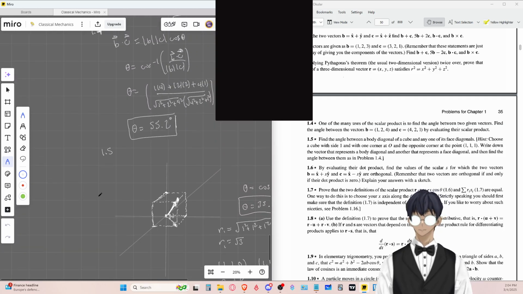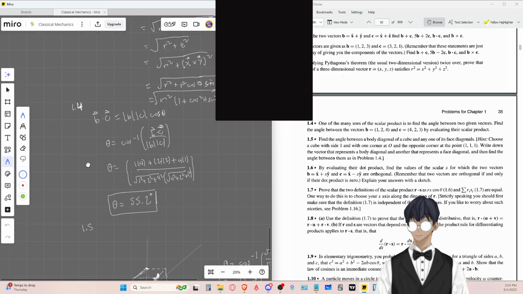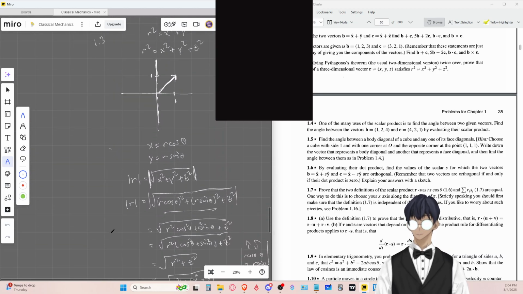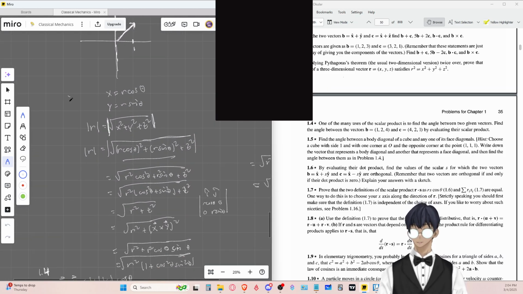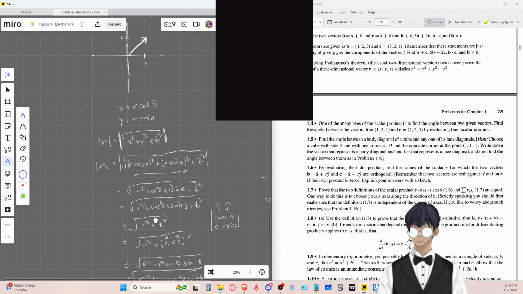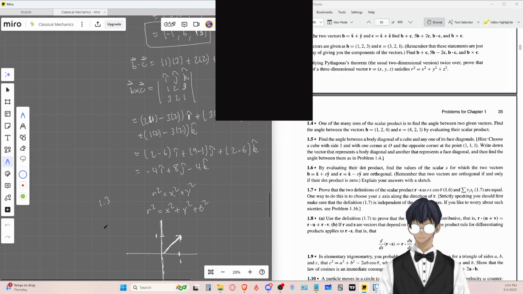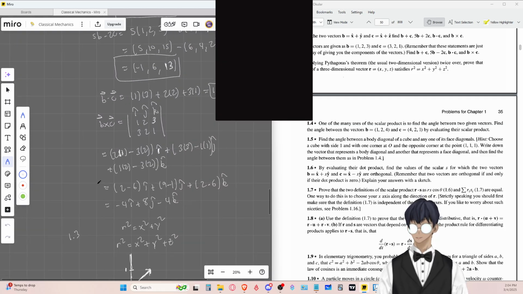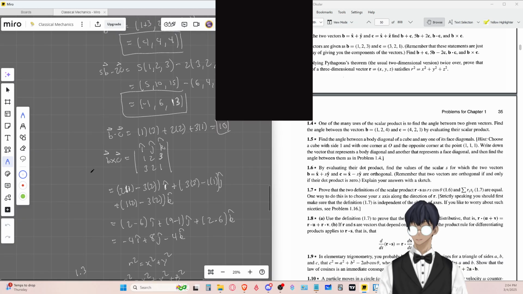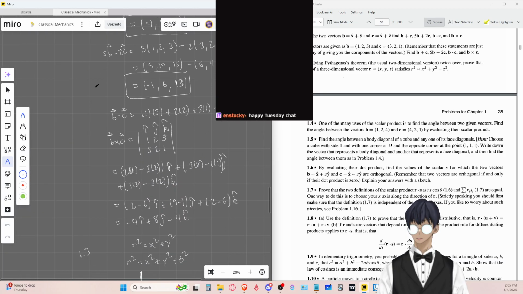Because we did problem 5. Now, I haven't checked these problems. This is problem 1.3. We still haven't finished that one. Forgot to box this one.